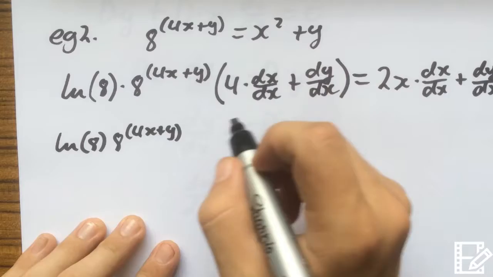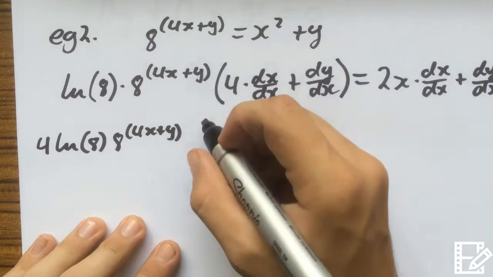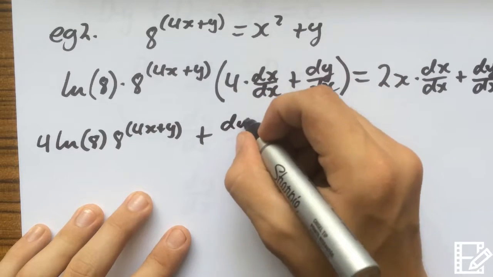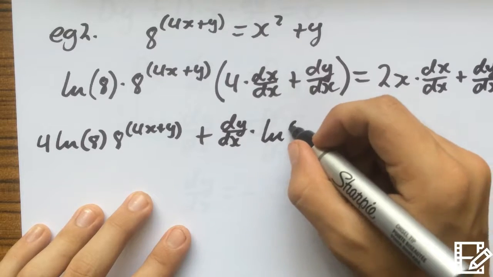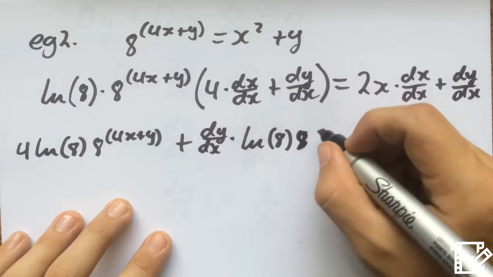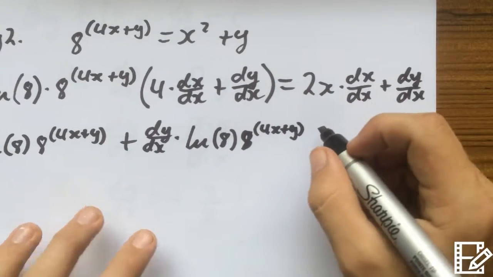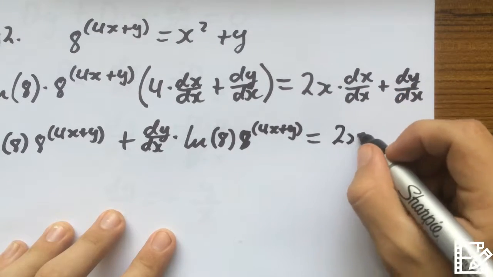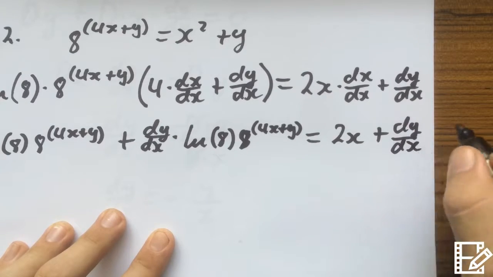Then we add dy dx multiplied by ln of 8 to the power of 4x plus y. And that will equal 2x plus dy dx.